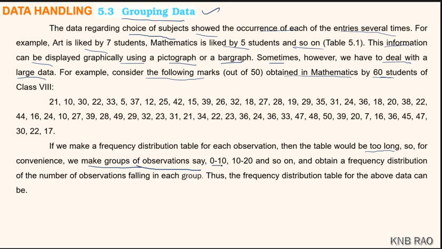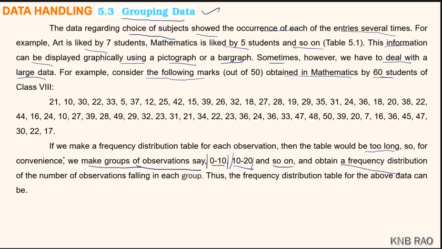Say 0 to 10 fall under one category, 10 to 20 as another group, and so on. So, 0 to 10, 10 to 20, 20 to 30, 30 to 40, 40 to 50, that is how we make. See children, we now count the frequency of those groups.